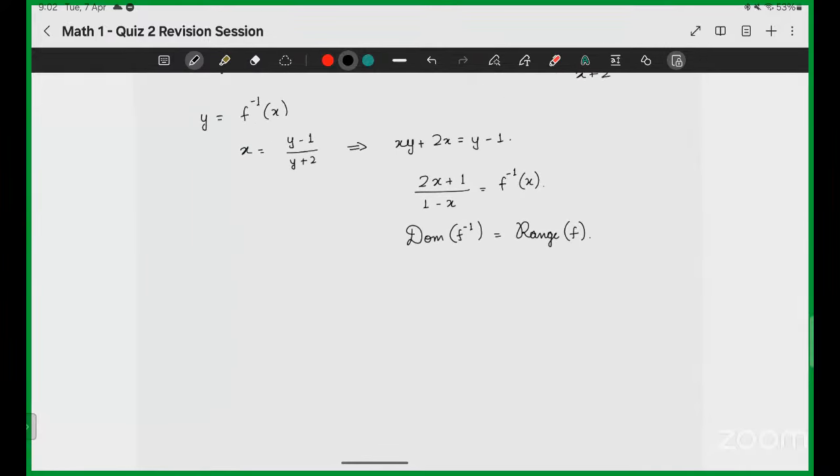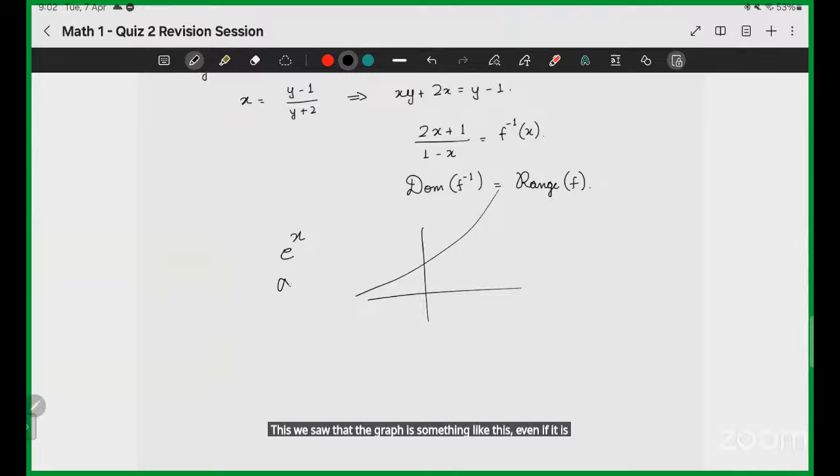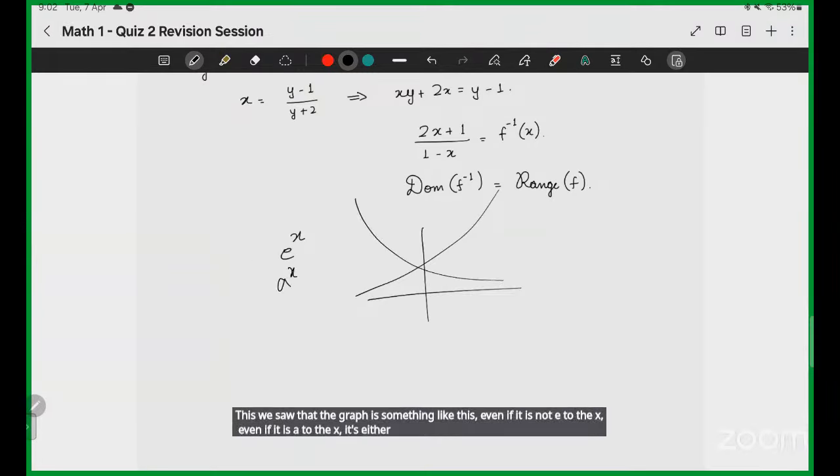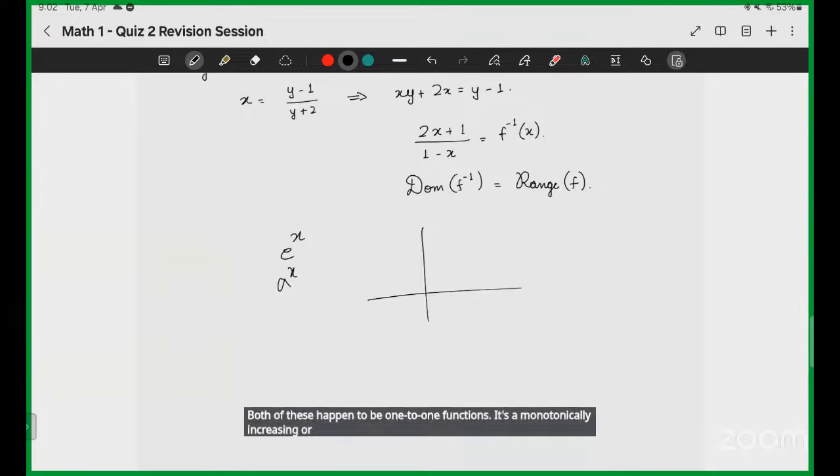Where were we? So coming back to the exponential function. We saw that the graph is something like this, even if it is not e to the x, even if it is a to the x, it's either like this or like this. Both of these happen to be one-to-one functions. It's a monotonically increasing or monotonically decreasing function.